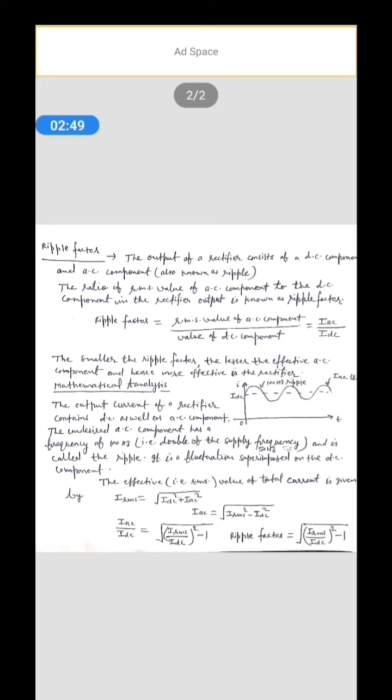On solving, IAC equals square root of IRMS square minus IDC square, and IAC upon IDC equals square root of (IRMS divided by IDC) whole square minus 1. So ripple factor is equal to square root of (IRMS divided by IDC) whole square minus 1.